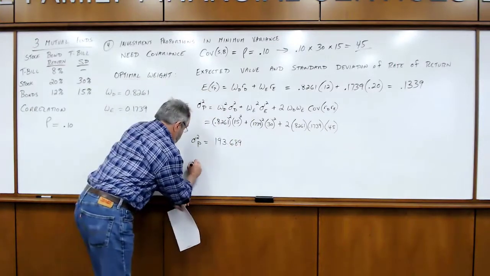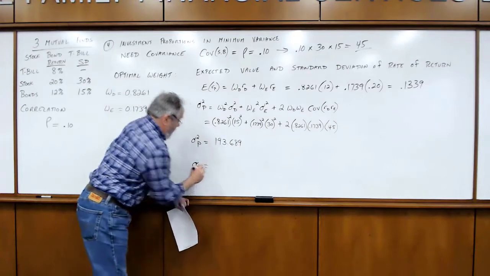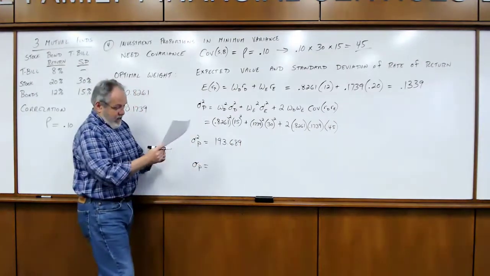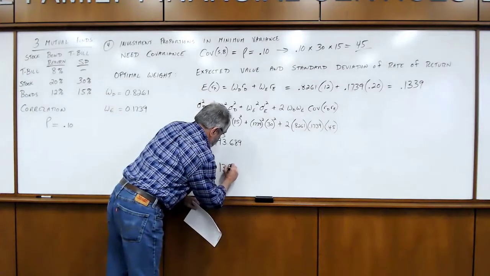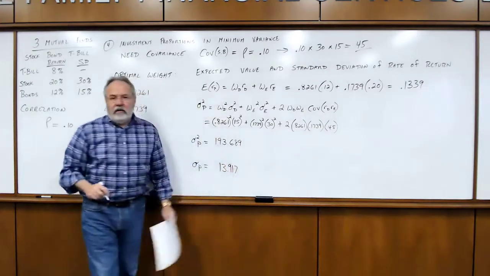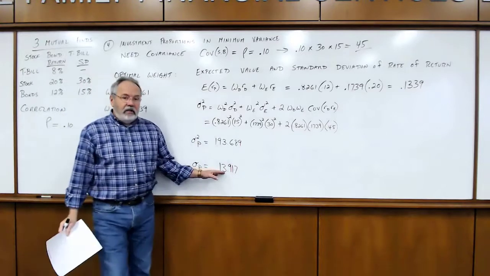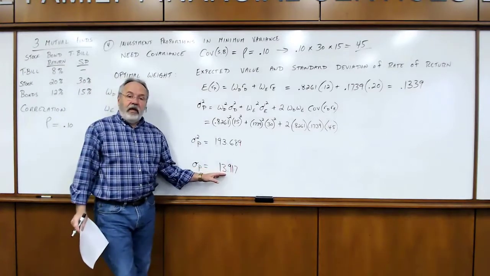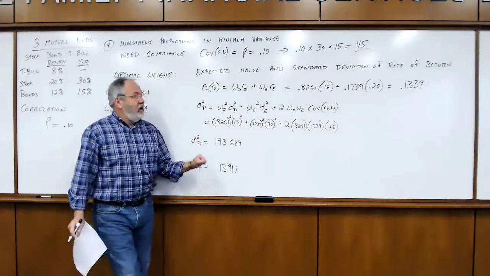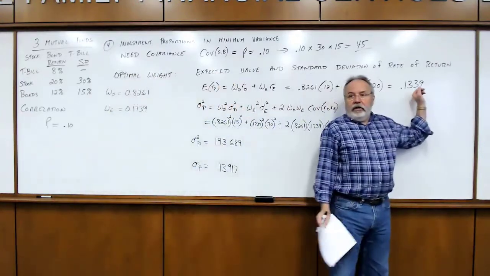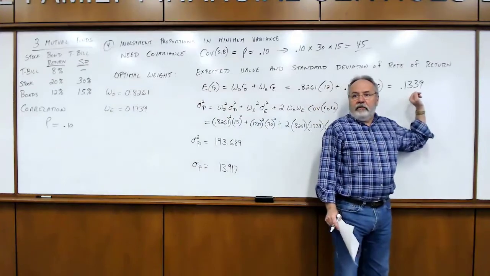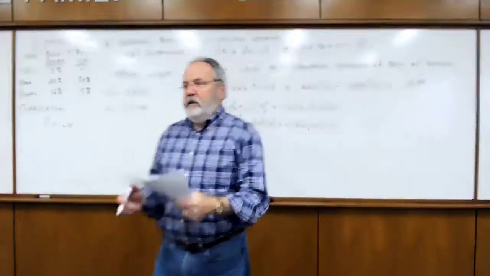Square root of this, sigma of the portfolio, is 13.917. So there's 13.917% standard deviation in your optimal portfolio and a 13.39% return. Okay?